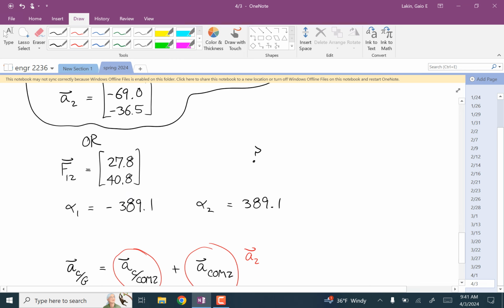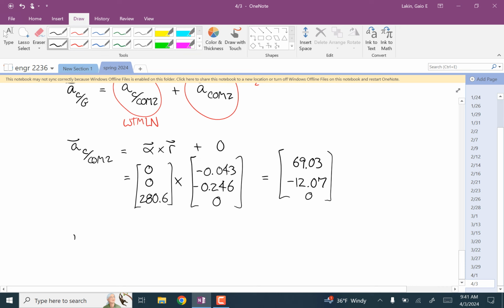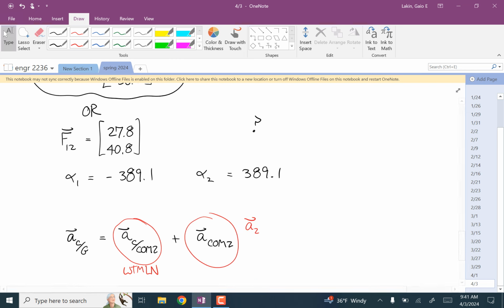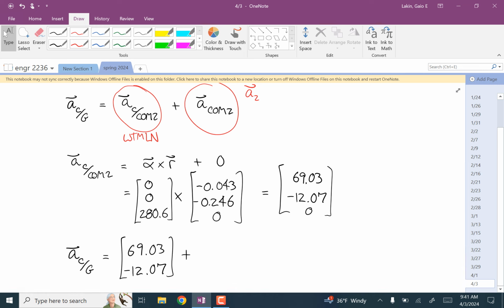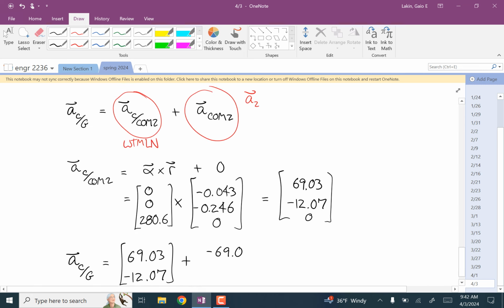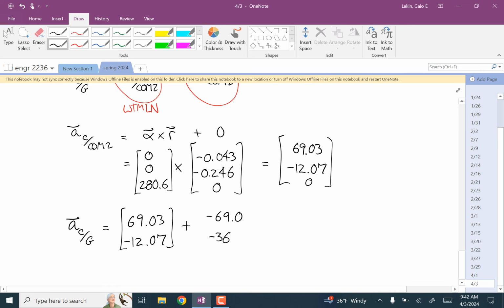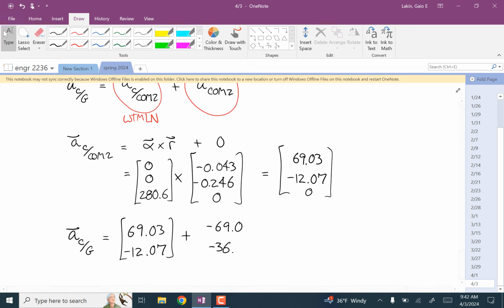Then we'll add that to the acceleration of the center of mass. We have 69.03, negative 12.07, plus the acceleration of 2, which is negative 69.0, negative 36.5.